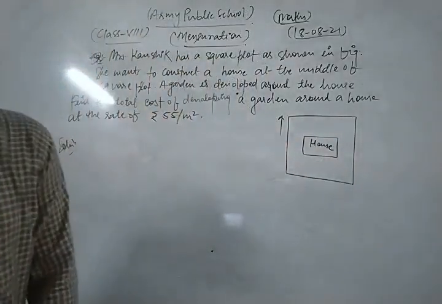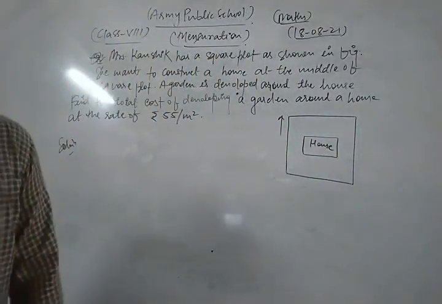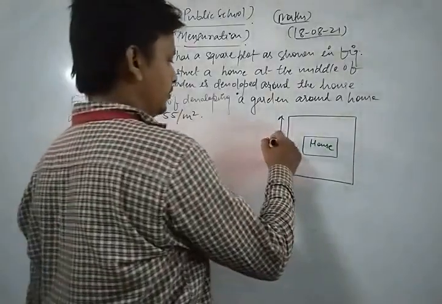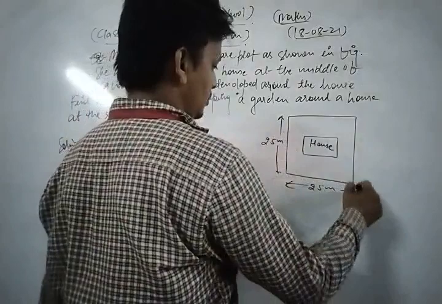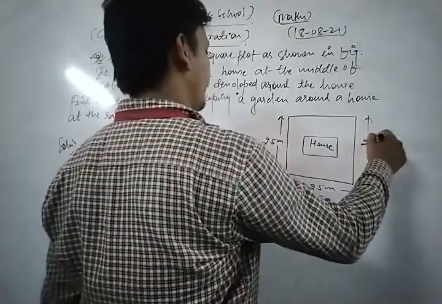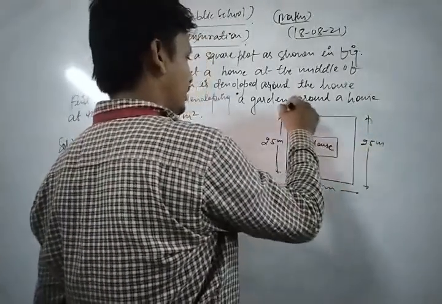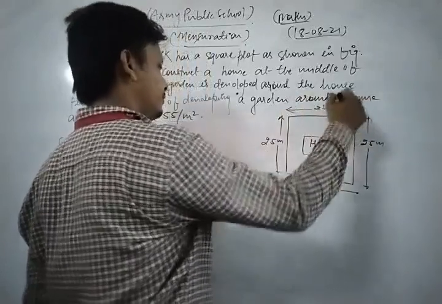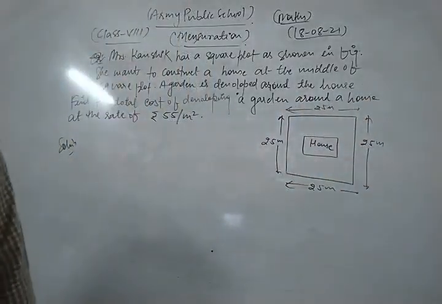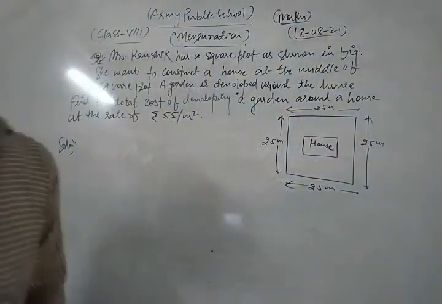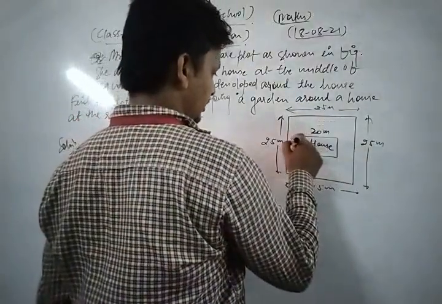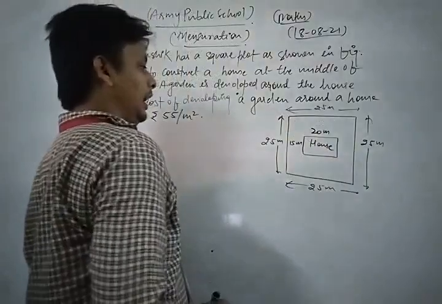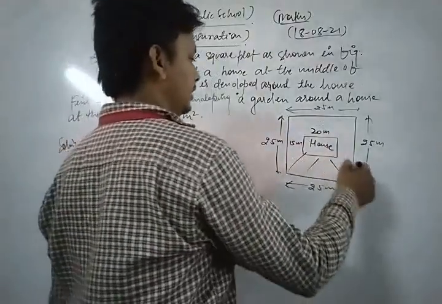Here this side is 25 meter, and the house is 20 and 15, and here this is the garden.